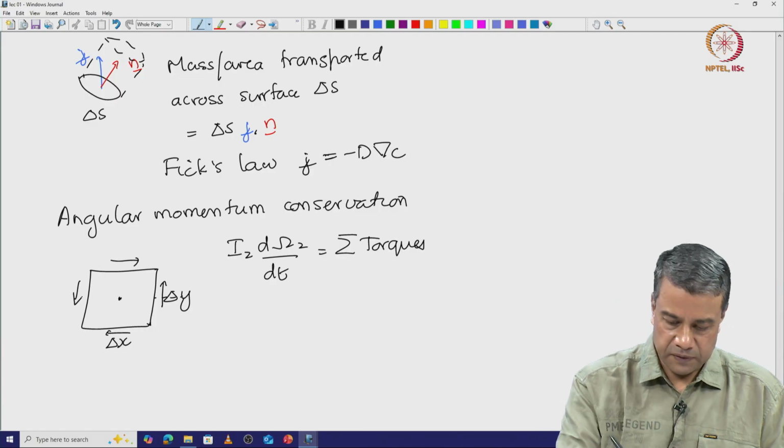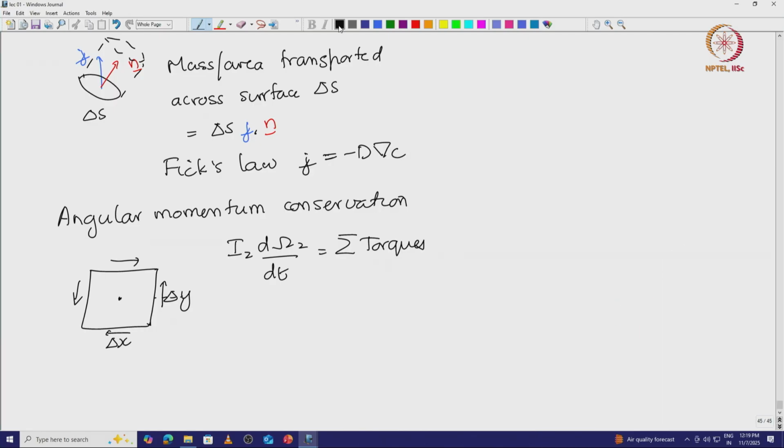And from that we had derived the relation that, since the moment of inertia goes to 0 as delta x square or delta y square, sigma x y is equal to sigma y x, sigma x z is equal to sigma z x, and sigma y z is equal to sigma z y.